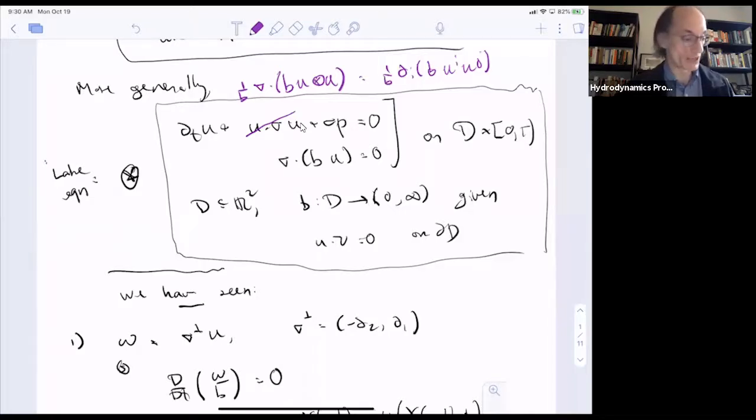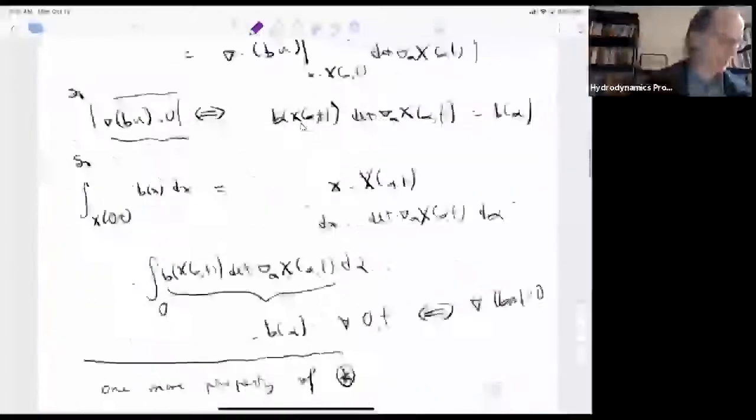The pressure will vanish as always, and then I just have an equation with two derivatives on the nonlinear term. So I can multiply by a test function, integrate by parts, and we find the following.